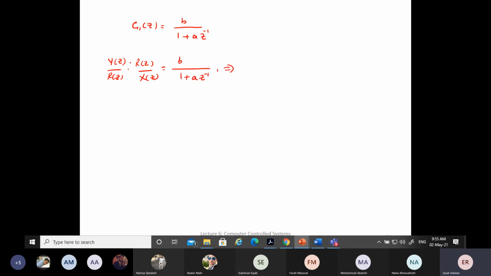And again, I can take this term separately, R of Z over X of Z, and set it equal to 1 over 1 plus A Z to the power minus 1. And I will also have Y of Z over R of Z equals B.